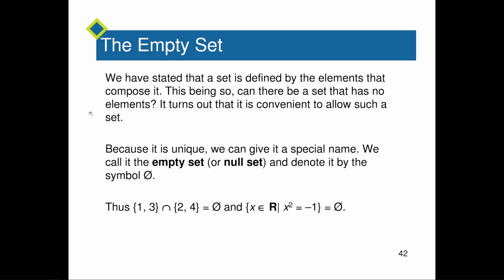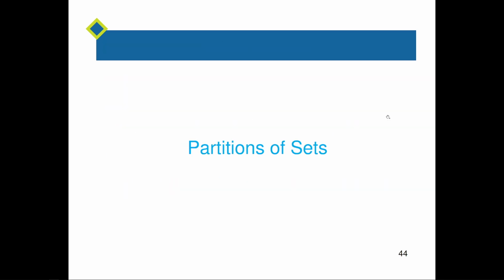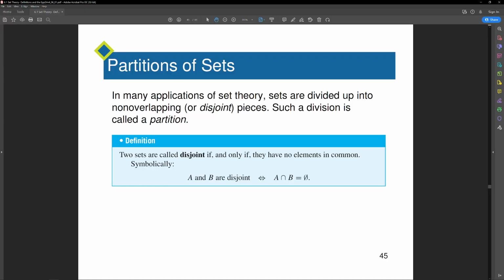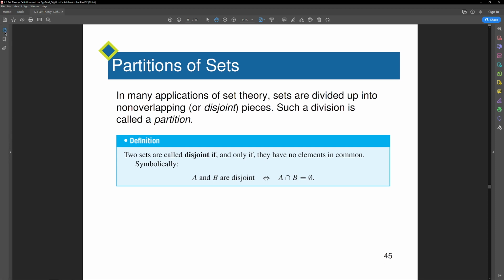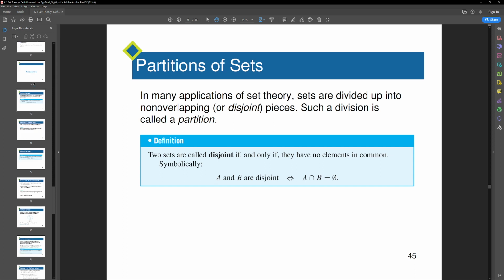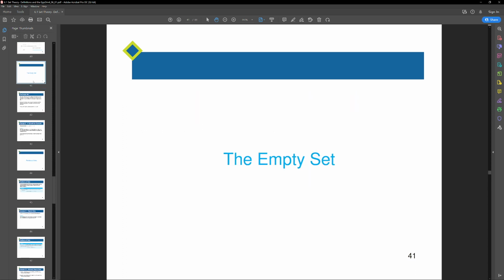And in fact, we can even say that every set is a subset of itself. In fact, we can actually show that this is true. So let's show that the empty set is actually a subset of every set.